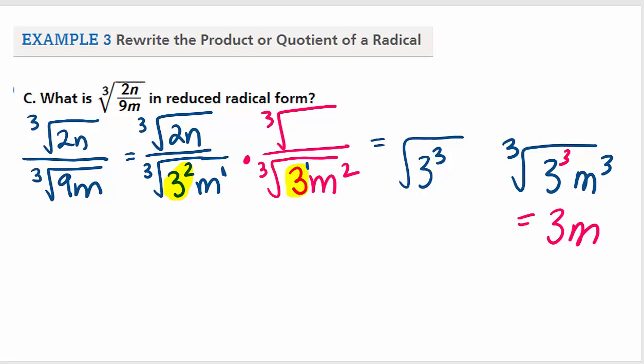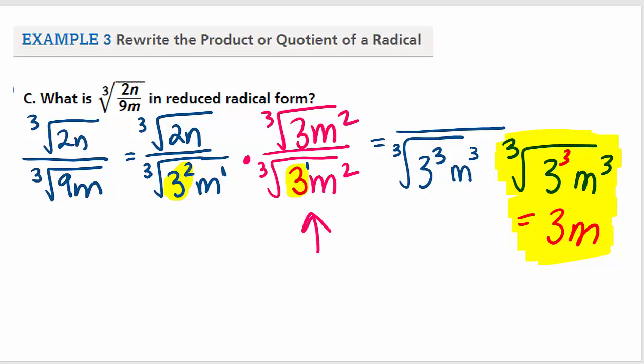When we multiply that with m squared, we have m cubed. So the denominator is exactly where we want it, because we just showed on the right-hand side that that would simplify to be 3m. If we're going to insert a cubed root of 3m squared, whatever we do on the denominator, we also have to do in the numerator.